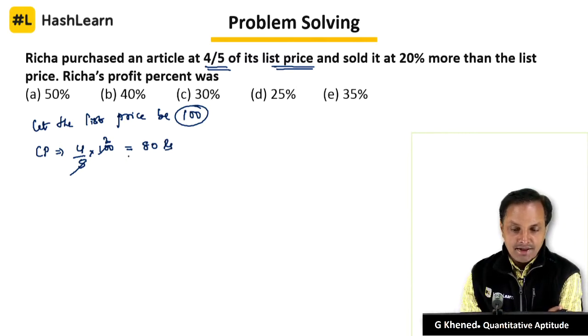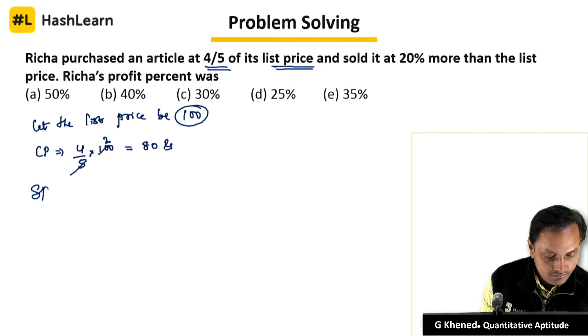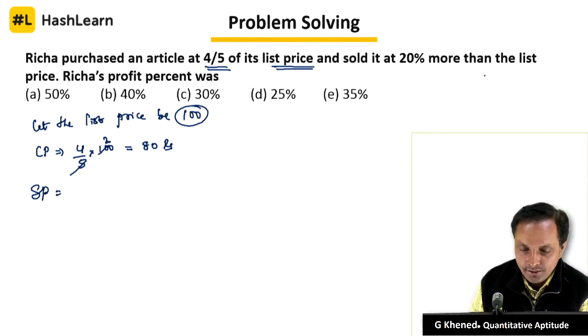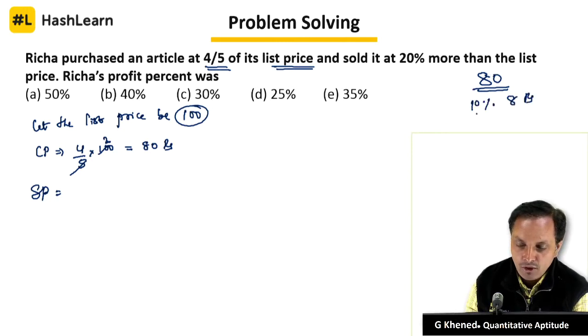This is the cost price, and she sold it at 20% more than the list price. See, as I have told you, 100% is the full 80 rupees. What will be your 10%? 8 rupees. And what will be your 1%? 80 paisa.